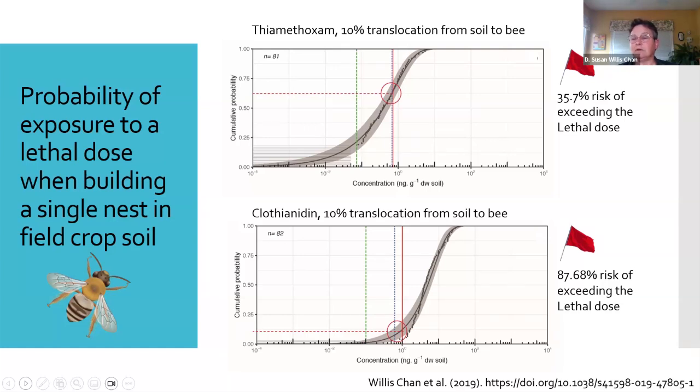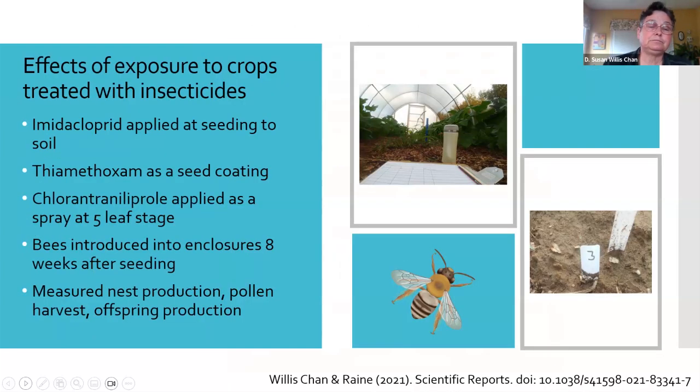The unacceptable risk in this case would be 5%. For clothianidin, the situation is even worse. We're approaching almost 90% risk of exceeding the lethal dose for this active ingredient. So you can see that I'm very worried about the toxicity of soils for soil-nesting bees.